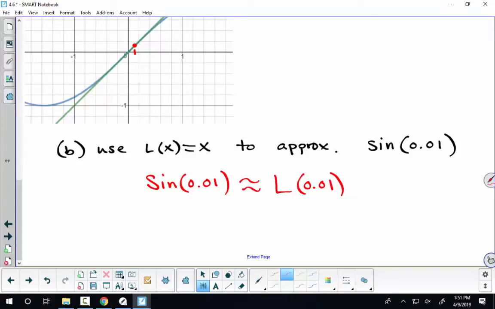I don't know what the sine of 0.01 is, but I know what my linear approximation is. It's just x, meaning whatever I plug in, I get out as the output. It's super easy to evaluate. So based off the linear approximation, the sine of 0.01 is 0.01. Does that make sense? Do y'all have any questions on that?